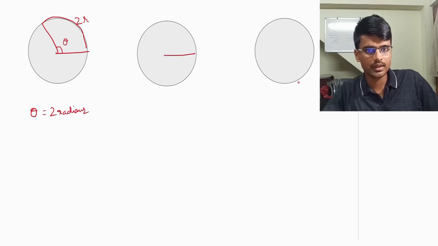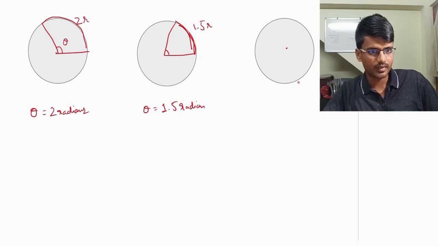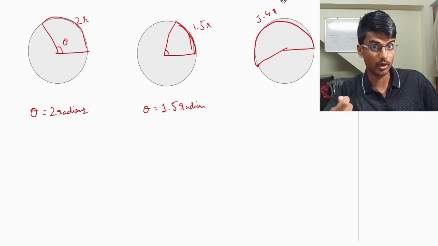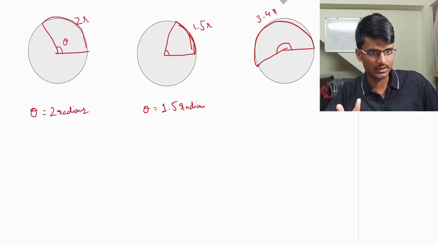Similarly, if I have an arc whose length is equal to 1.5 r, tell me what will be this angle? This theta angle will be 1.5 radian. Similarly, if I have like this entire thing, say it is 3.4 r, the length of this arc is equal to 3.4 r, then what will be this?